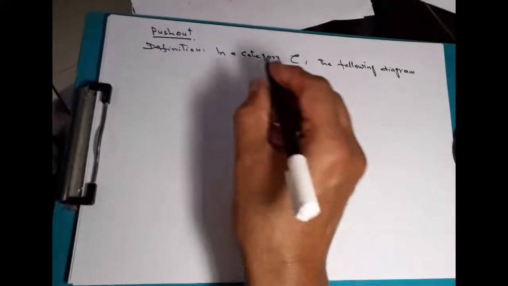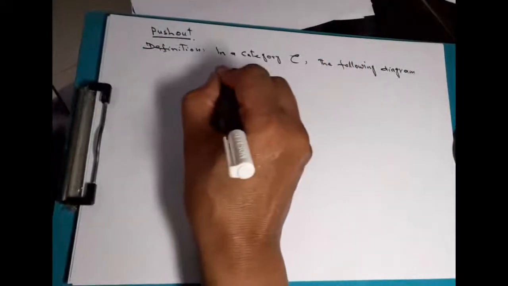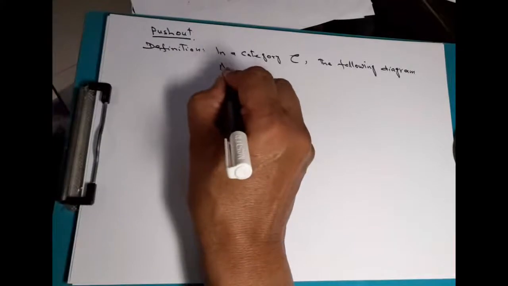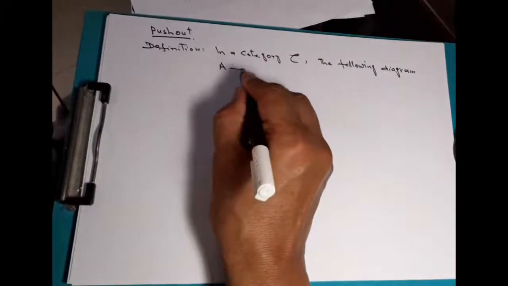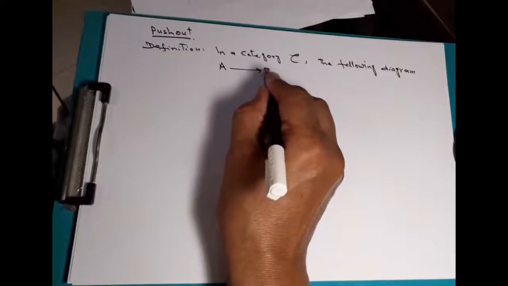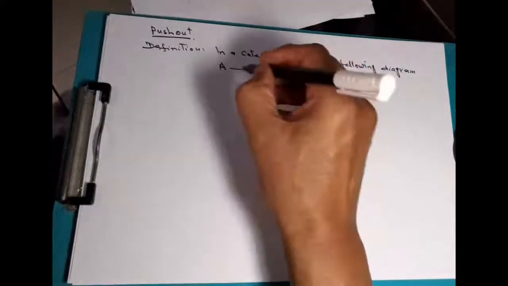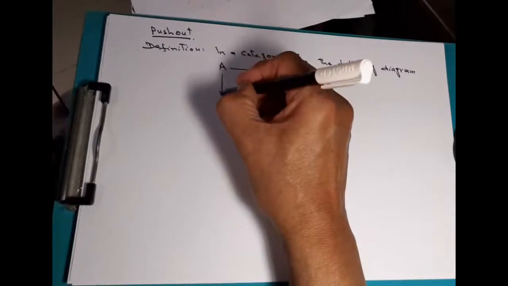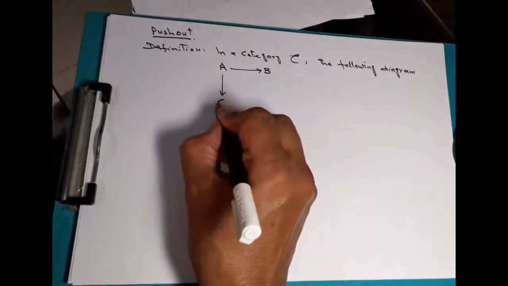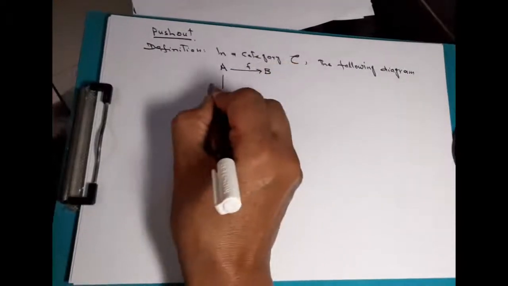The diagram is like this. We have a morphism from object A to object B, and then from object A to object C. Let's call this F, and this map is G.